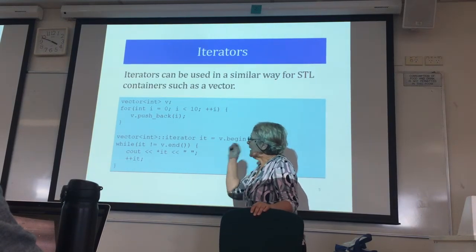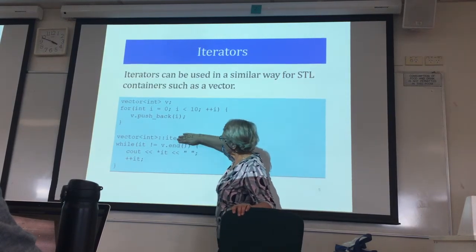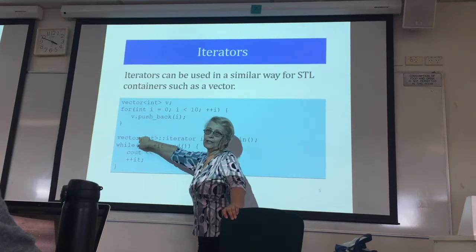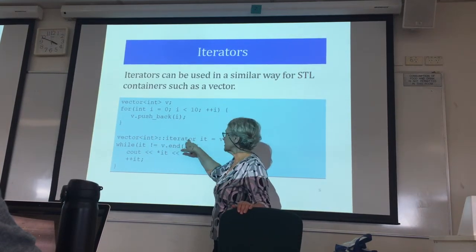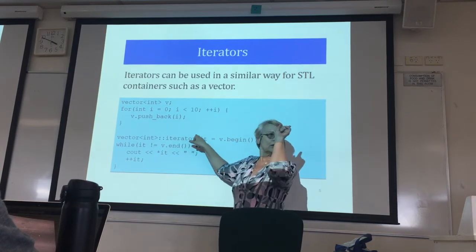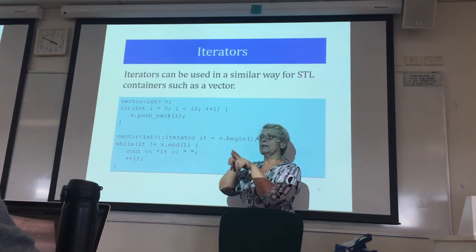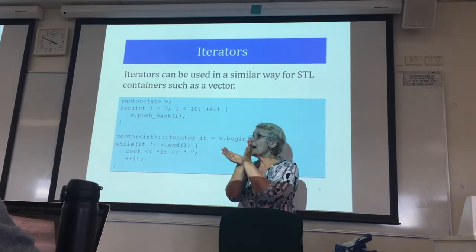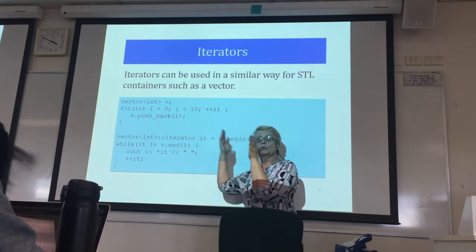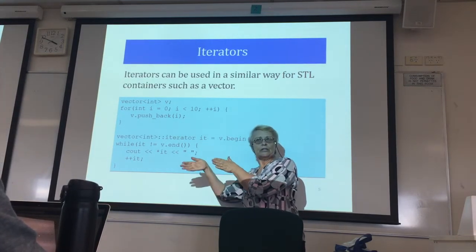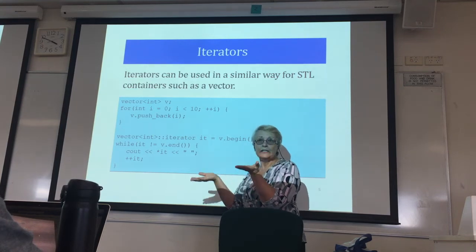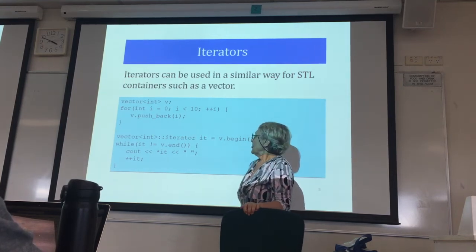So, to declare an iterator, notice iterator for the vector of integers. With this declaration, the iterator will know that we are working with int types. We know the distance between integers, what is the value of the element.